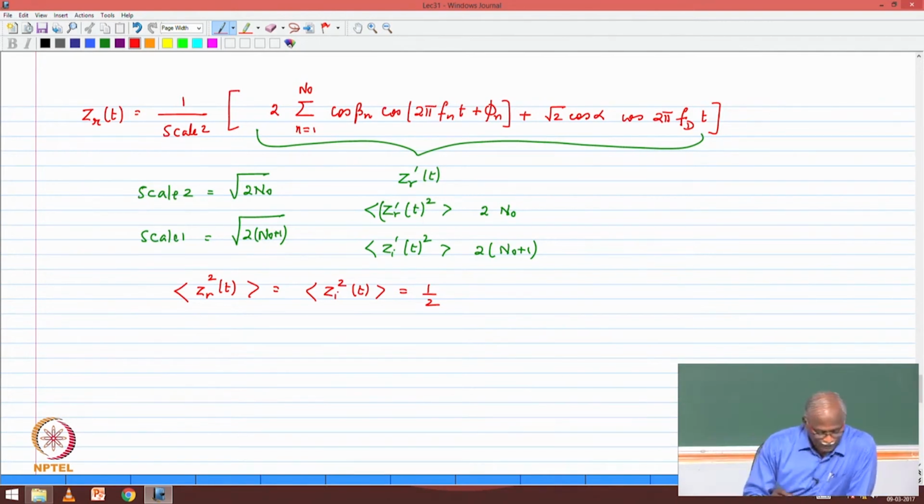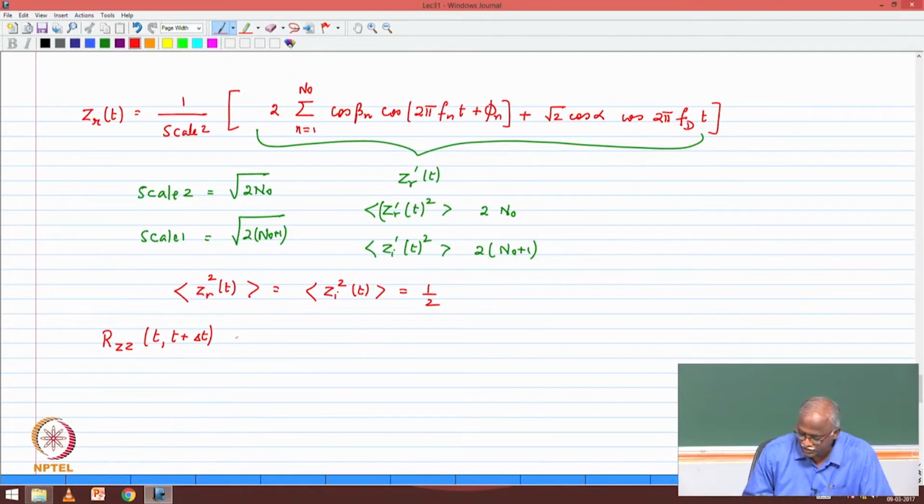The point at which we stopped in the last lecture was the verification of the following expression: the autocorrelation of the complex channel coefficient z of t plus delta t. You were asked to show a result.